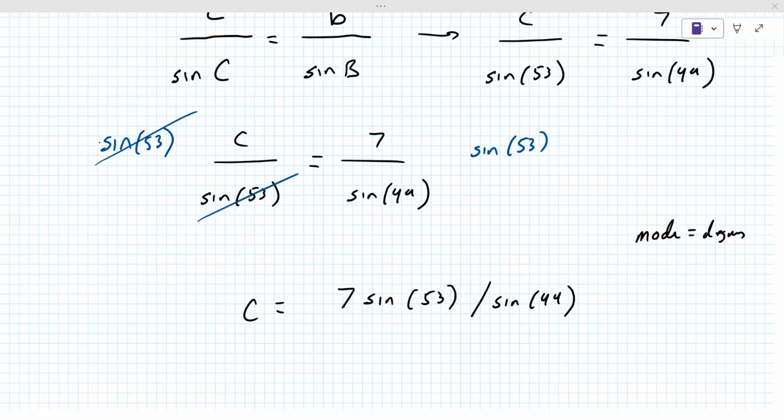Are you in degrees? 7 sine 53 divided by sine 44.